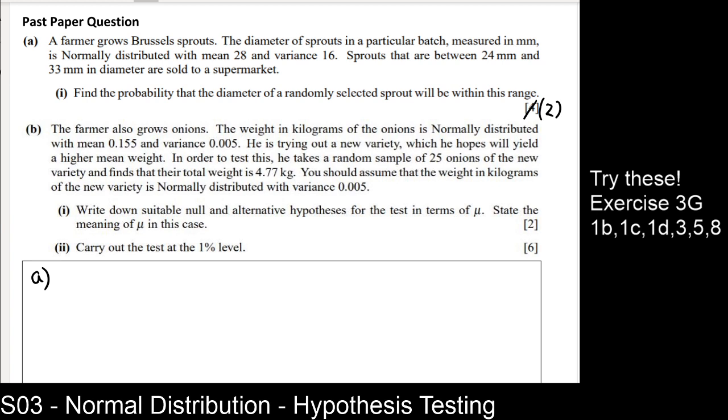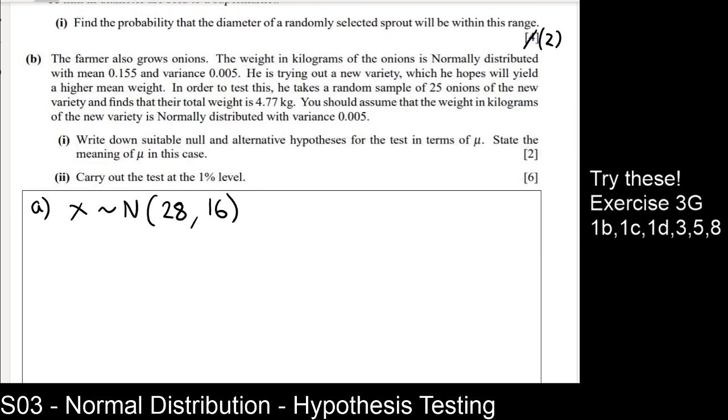So in this question, let X be the diameter of the sprouts. Then we've got a normal distribution with a mean of 28 and a variance of 16. This is just our overall data, so we are not looking at sample variance here.